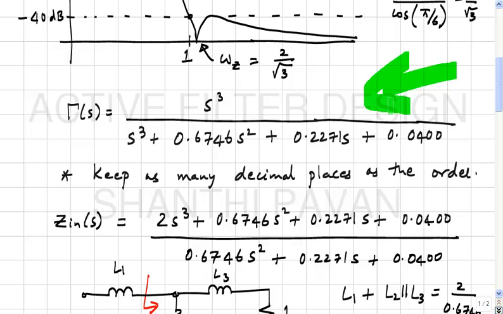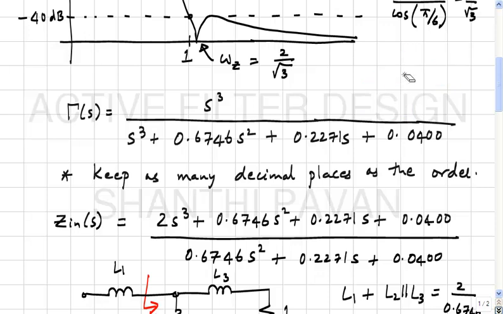Intuitively speaking, as s tends to infinity, what would you expect for the reflection coefficient? You should expect 1. Okay, and that makes sense, because at infinity all the power is reflected back.